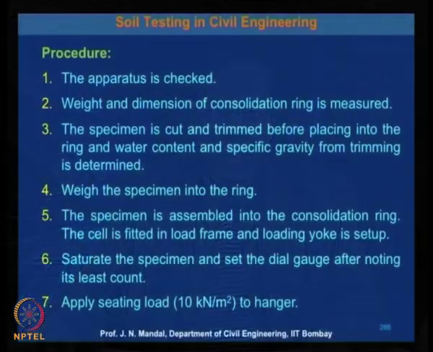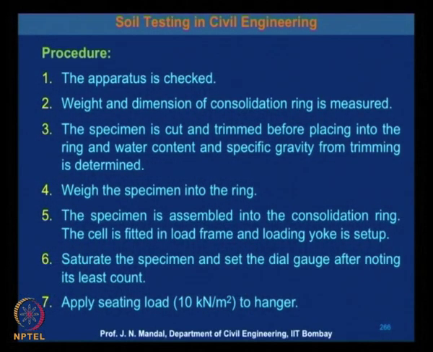So, here is some procedure. The apparatus is first checked, the weight and dimension of the consolidation ring is measured, the specimen is cut and trimmed before placing into the ring. I showed you what the ring is, and the water content and specific gravity from the trimming is determined.